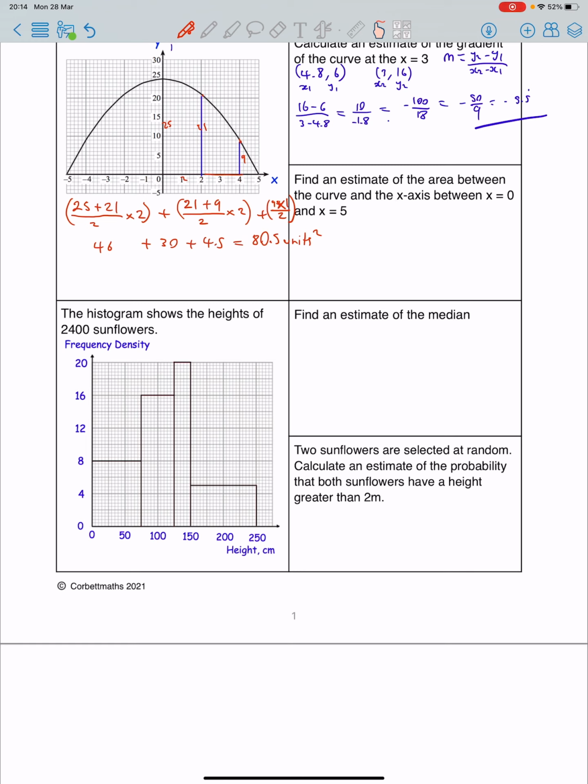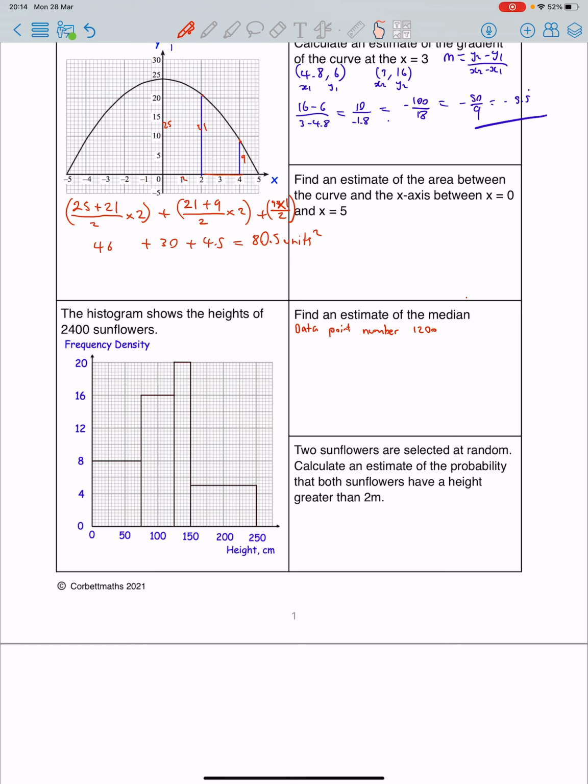But you could also just divide by 2. Because it's such a big number and you're working out an estimate, it doesn't matter so much that we do the whole adding 1 and dividing by 2. So we can look for data point number 1,200, or the 1,200th piece of data.